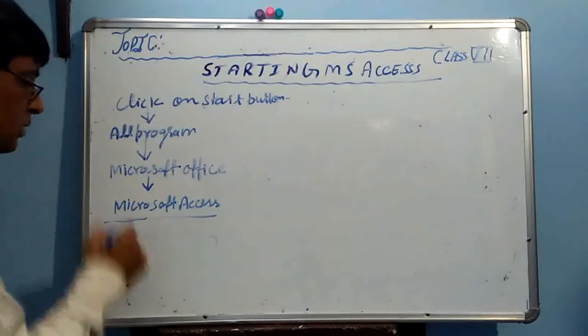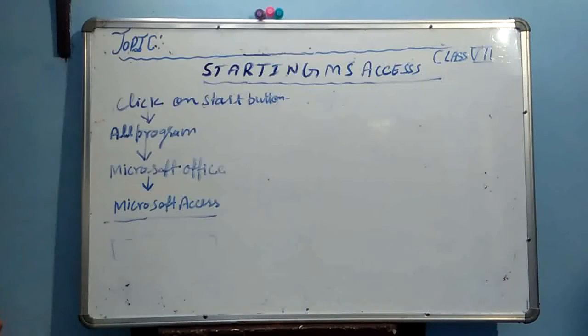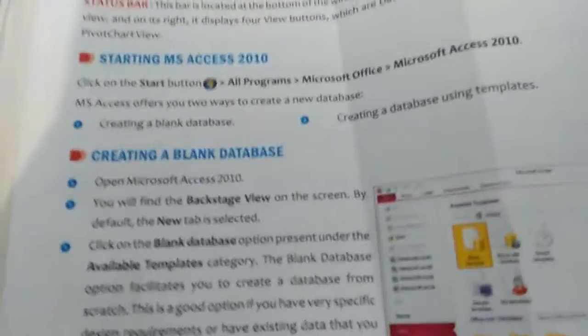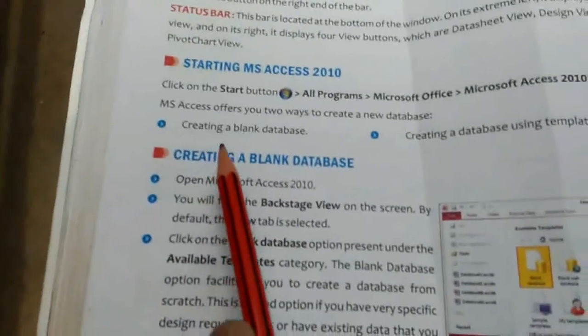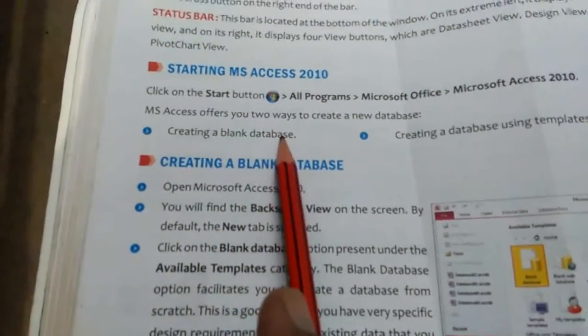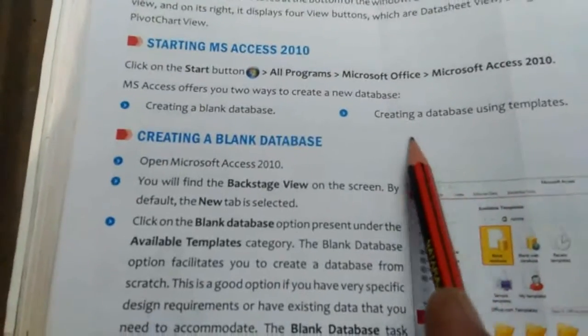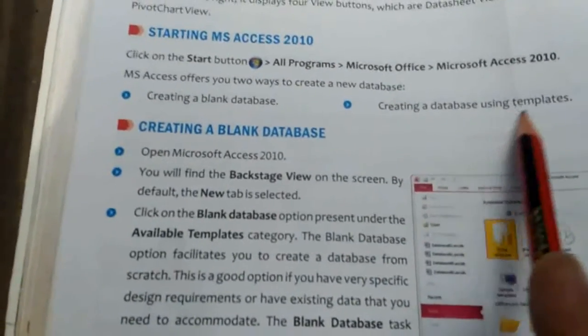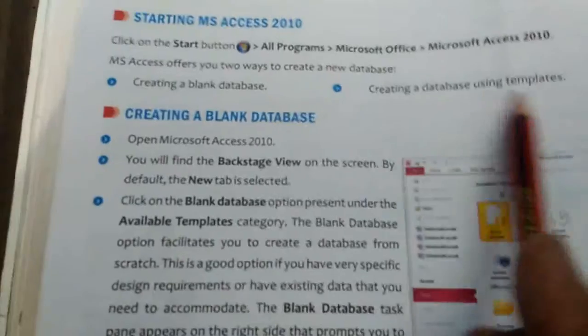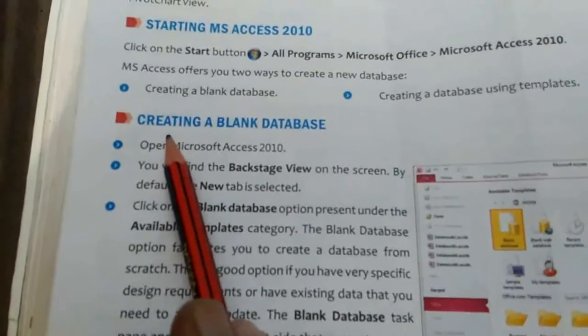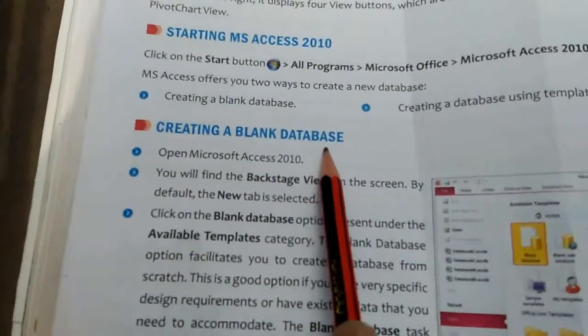Means two types of windows are displayed here. These two types of windows: one is creating a blank database and second is creating a database using a template. So first of all, we will discuss creating a blank database.